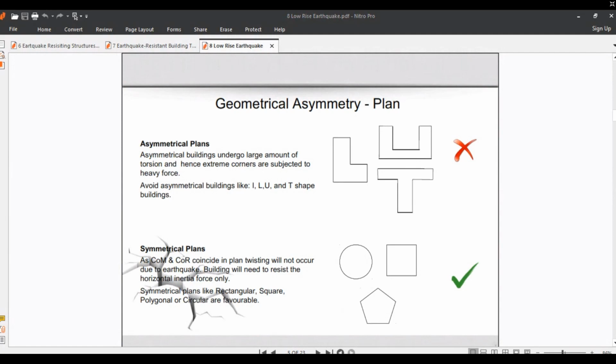Another schematic shape at the bottom of this slide shows some shapes that have symmetrical plans in geometry.